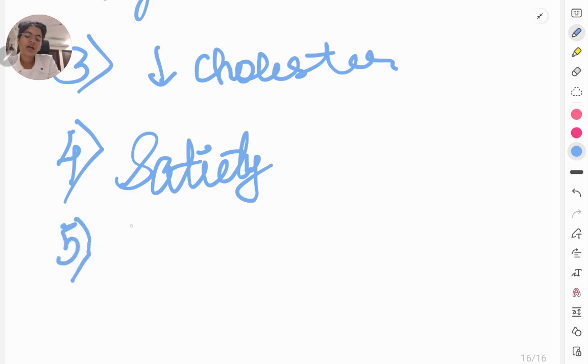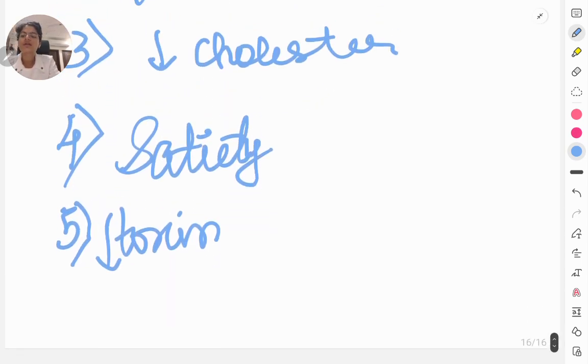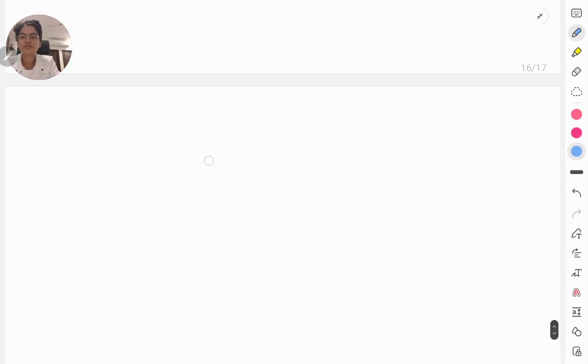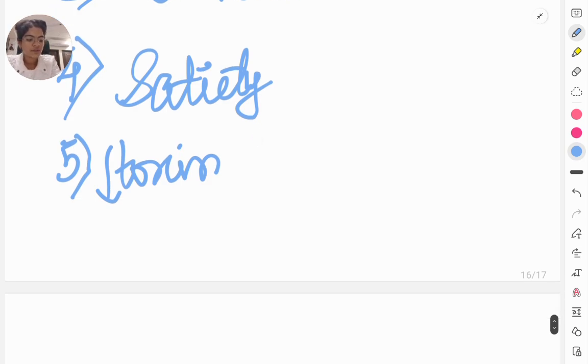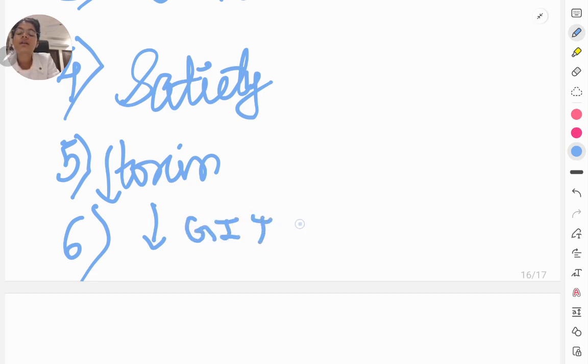Then it helps to eliminate the bacterial toxins in the intestine. So toxin removed. It helps us keep our digestive system good, so it would be decreasing the chances of GIT tract cancer. Clear?